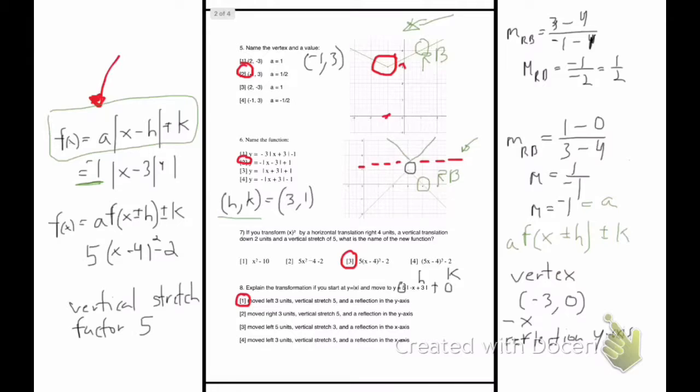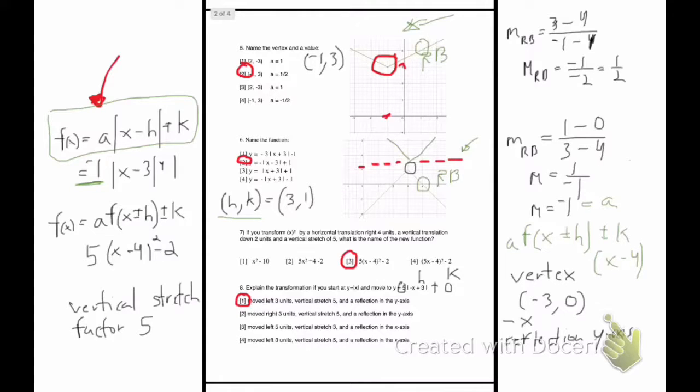In this case, it says a translation right of 4 units. So translation left or right is our h value, and since we're going to the right, it has to be a negative. So this becomes x minus 4.